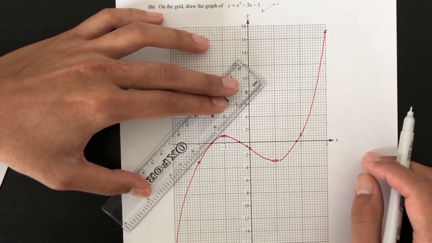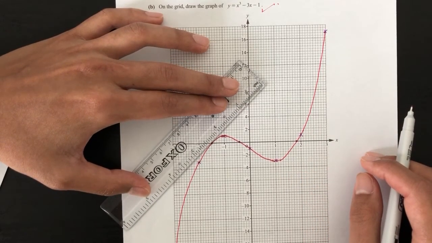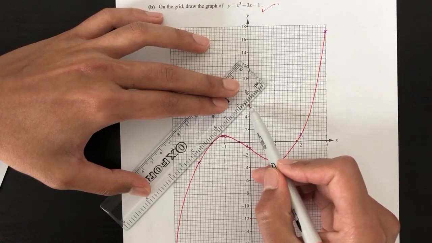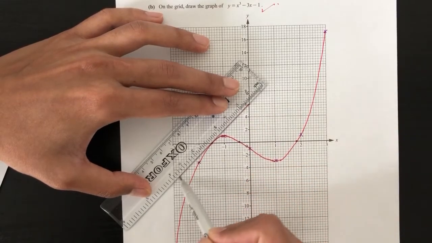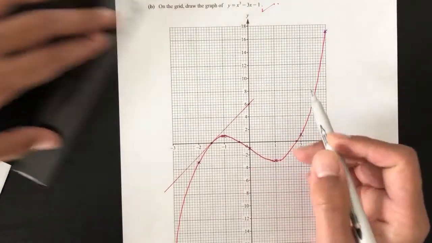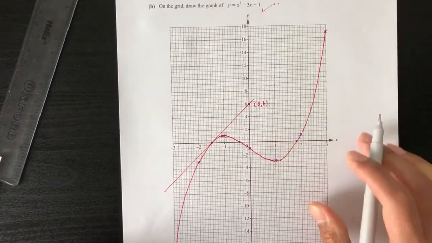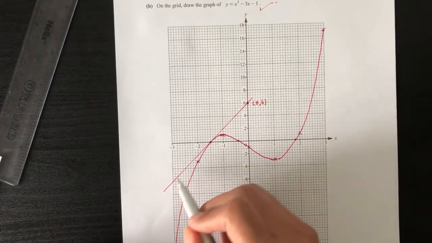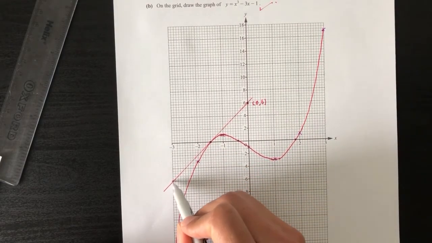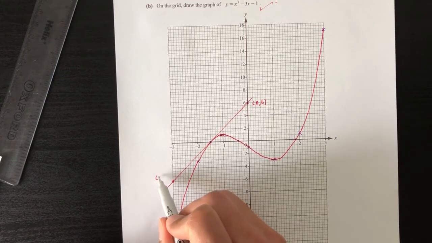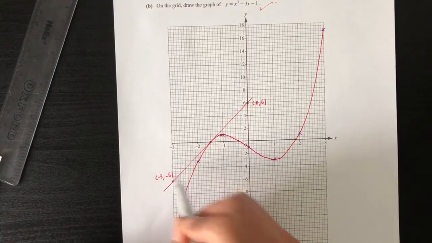So we can make it pass through 2 points. As you can see, here we have one point, which is 0, 6, and the second point will be right here, which is minus 3, minus 6.